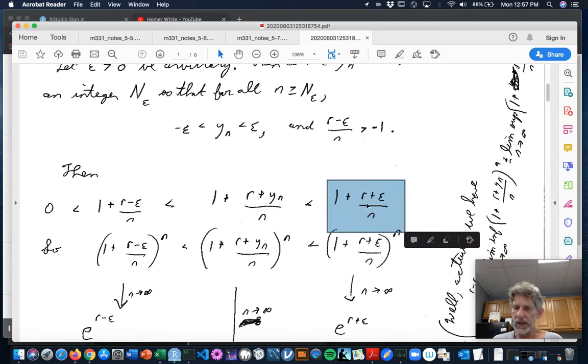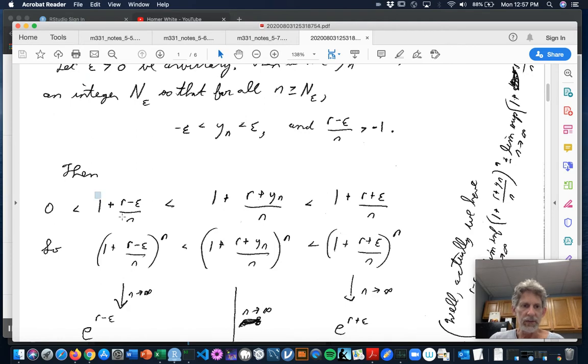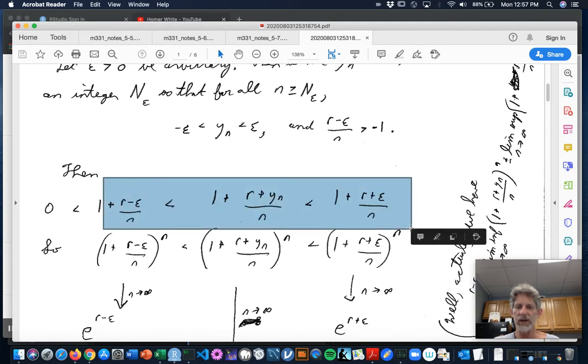That's where you stick in an epsilon instead of y_n and get a little bit bigger. And it has to be bigger than this. But because of the way we set things up, this is bigger than -1, so this is still a positive number. And so these three quantities here are all positive numbers.